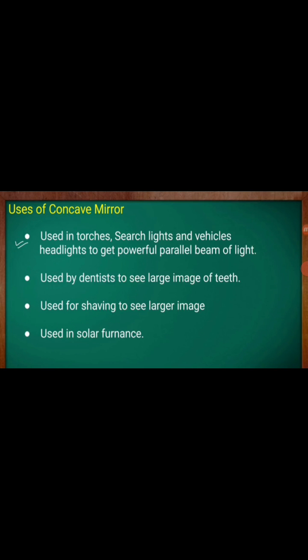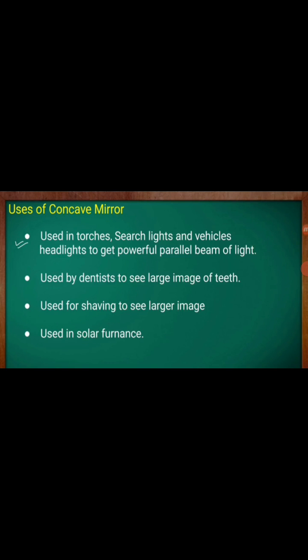Now, what is the use of studying all these ray diagrams about the concave mirror? Where do we use such mirrors? We have the uses here, children. It will be used in torches, searchlights, and vehicles' headlights to get a powerful parallel beam of light. And the second use you can observe is with the dentist.